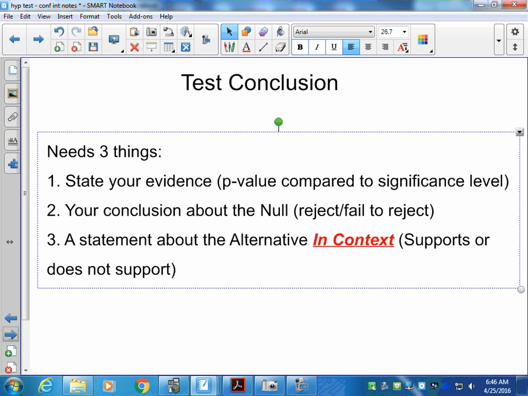Fail to reject if it's higher than the significance level. And then the last part is a statement about your alternative in the context of the problem. This supports if you're rejecting the null, and it does not support if you fail to reject. If you have all 3 of those pieces, you're going to be guaranteed full credit for that conclusion statement of a hypothesis test.